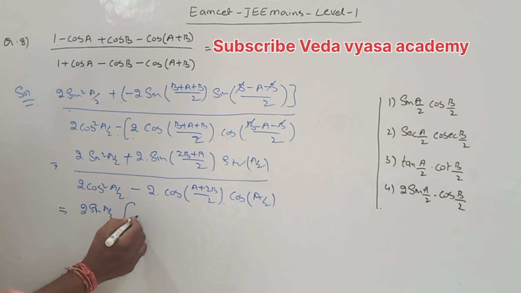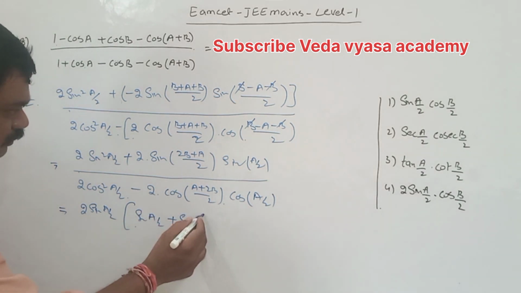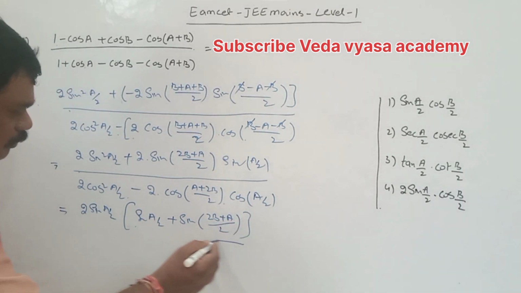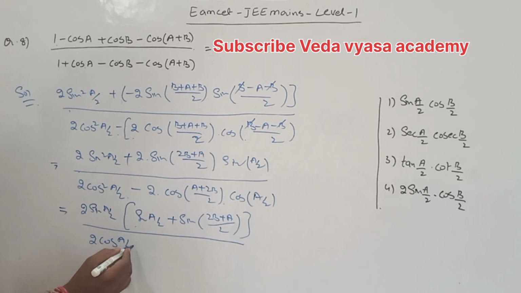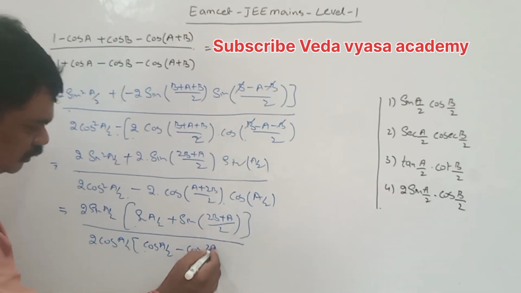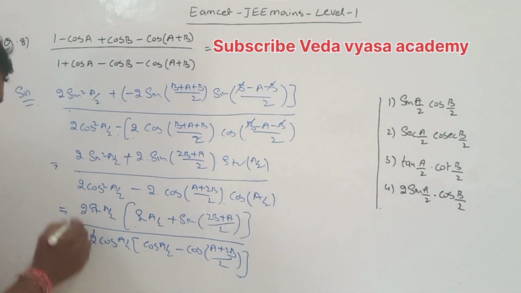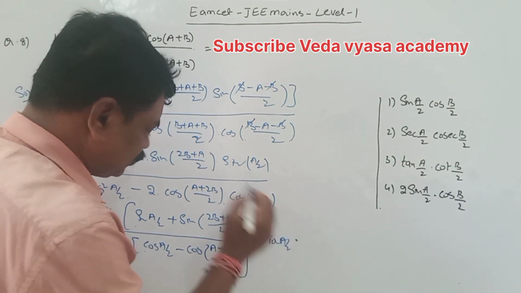This is sin a by 2 plus sin of 2b plus a by 2. By denominator, 2 cos a by 2 as common, that is cos a by 2 minus cos of a plus 2b by 2. Okay, 2 cancel. This is tan a by 2.